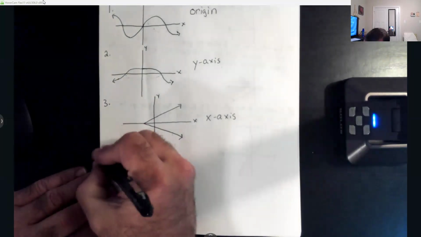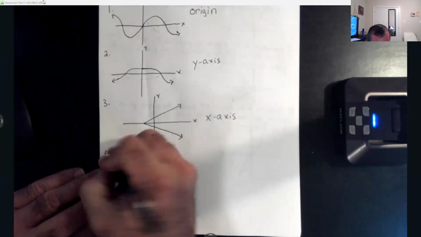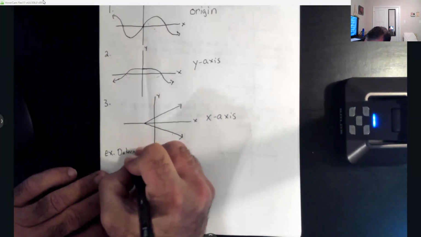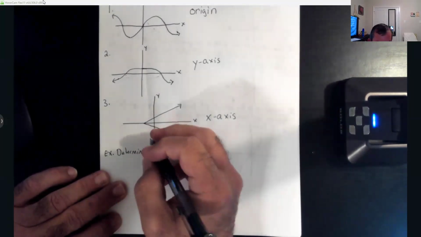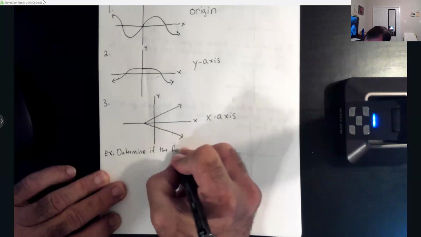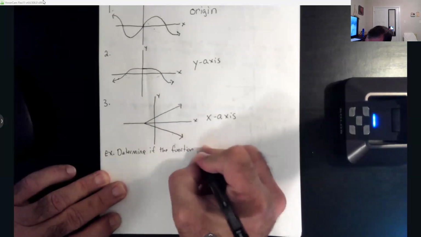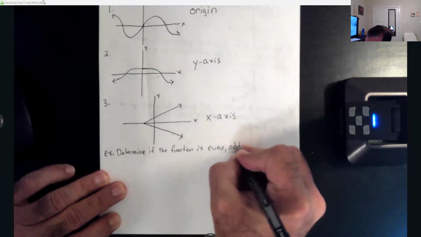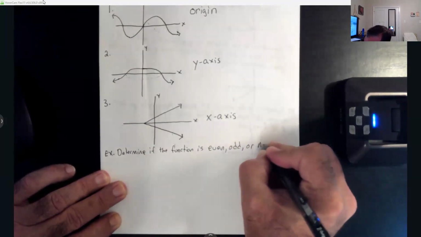Oh, y'all, the last two questions in that section want us to determine if the function is even, odd, or neither.